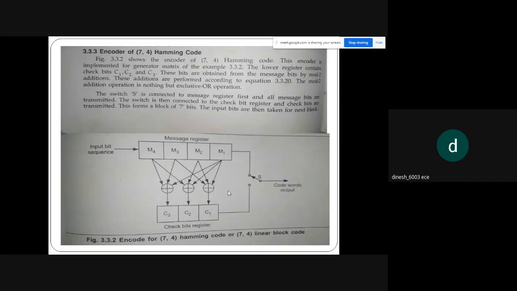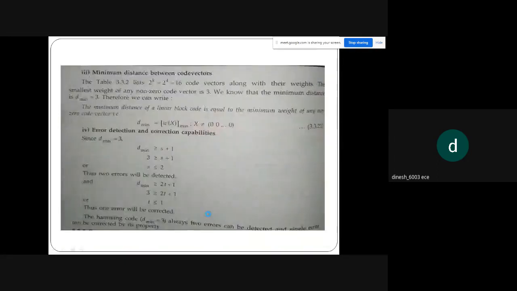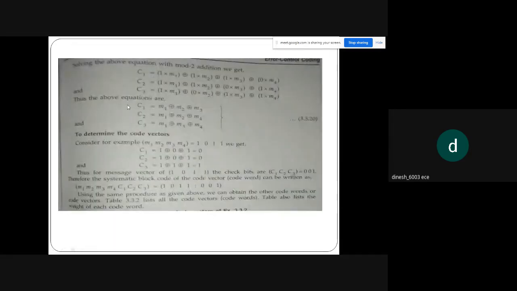C1 is obtained due to M1, M2, M3. Let us check that for this C1, with a small example. In this question, C1 is obtained due to modulo 2 addition of M1, M2, M3.